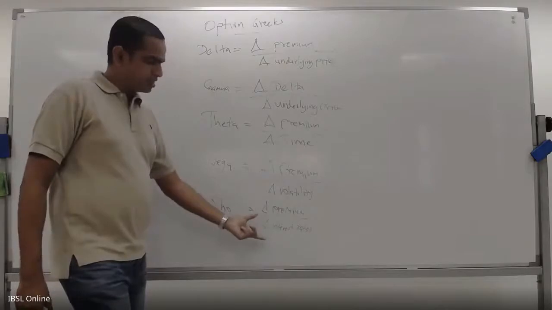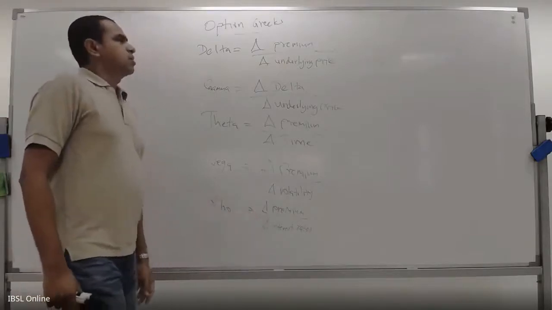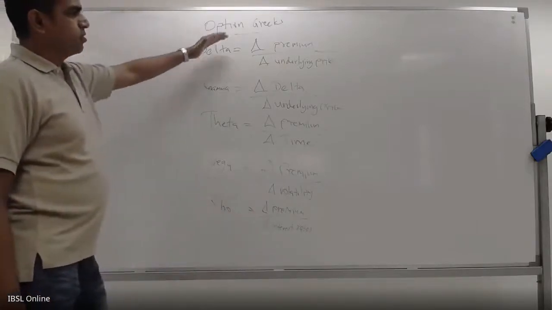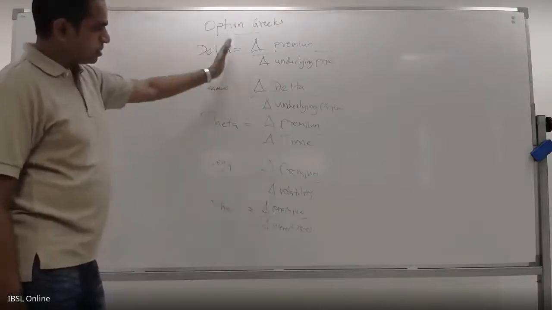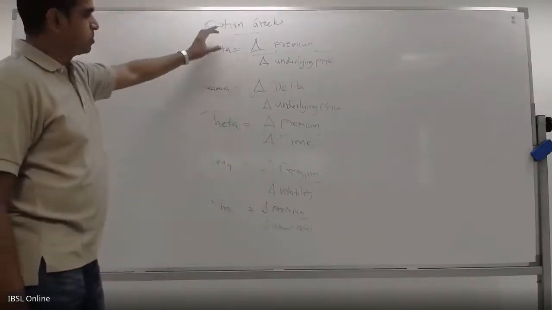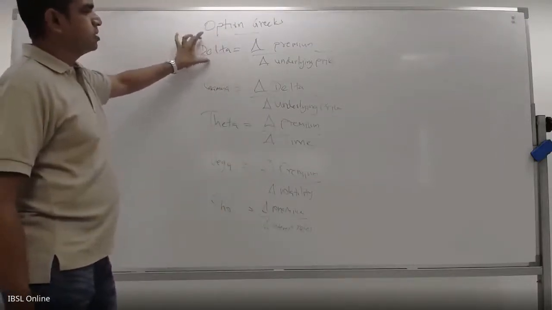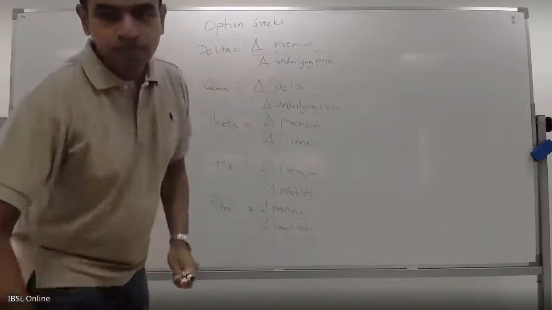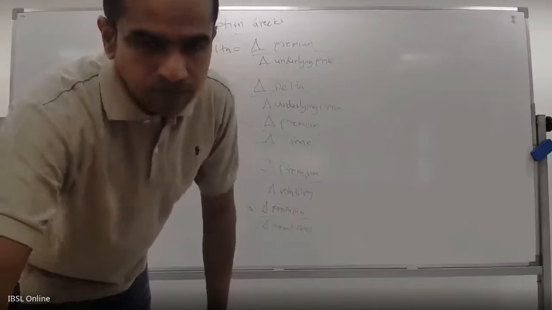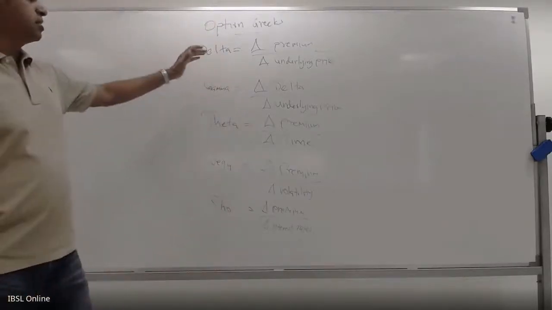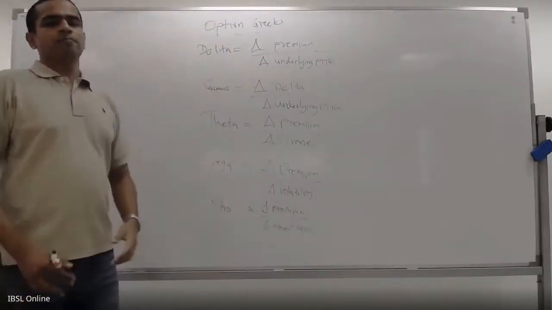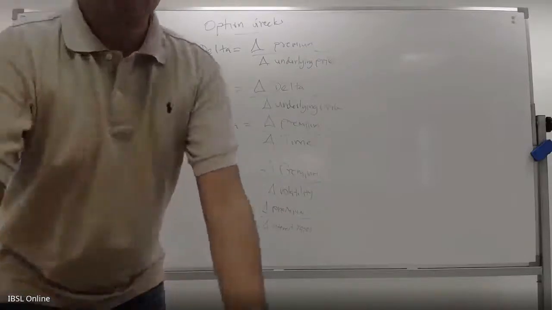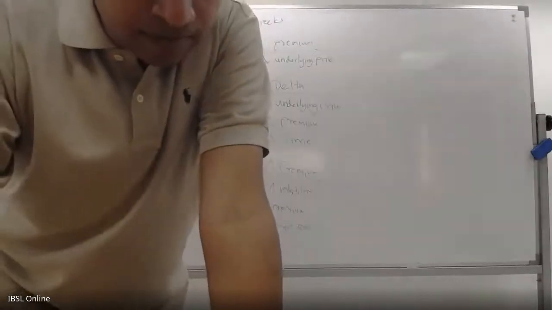So it's the change in interest rates. Right. So what you need to remember is all of these measure the sensitivity of the premium to various factors. Now delta measures the sensitivity of premium to the underlying. Right. Gamma measures the sensitivity of delta to the underlying changes. Right. So that's how it works.